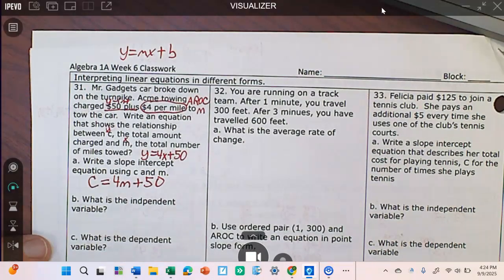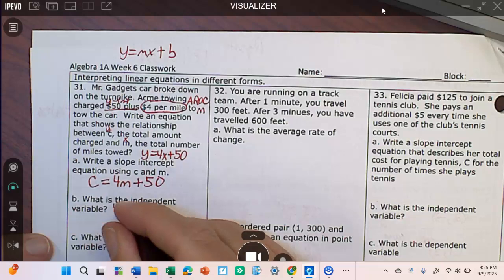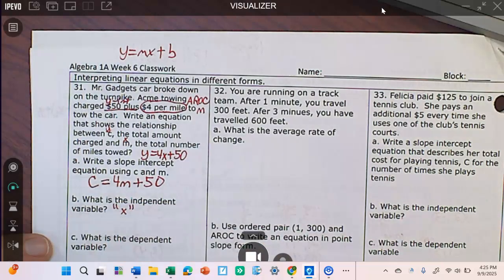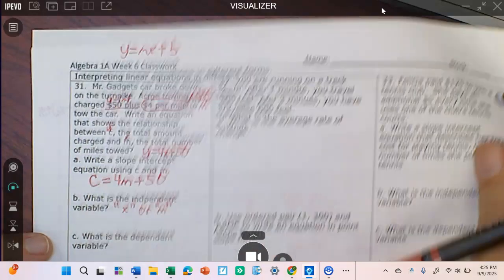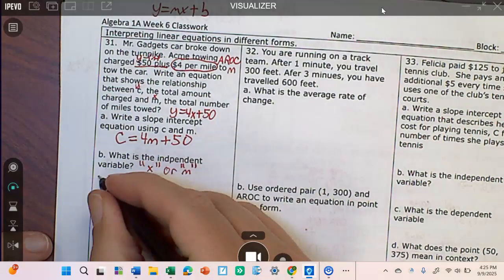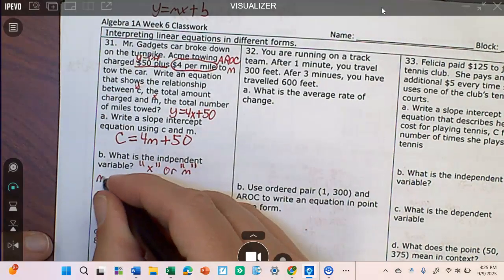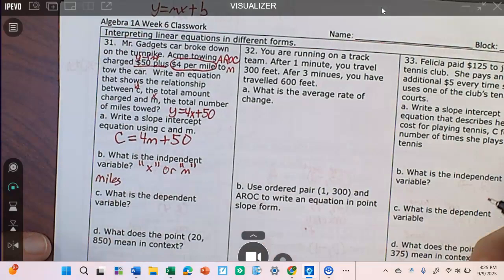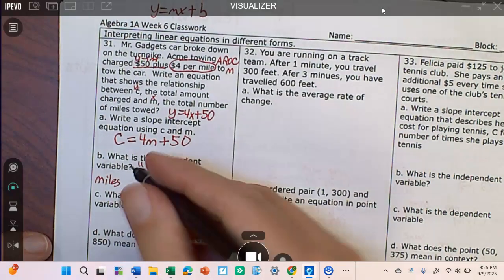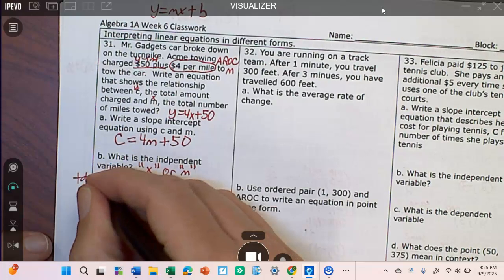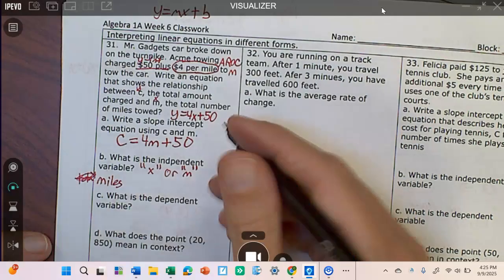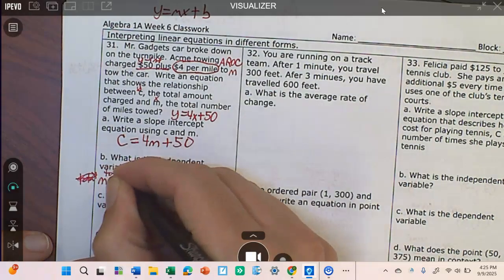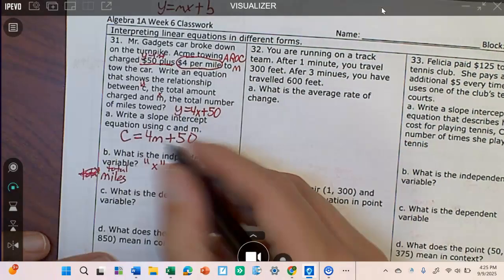Okay, what is the independent variable? We know the independent variable is X, okay? So, in this case, we're talking about M, okay? So, miles, total miles, or wait, okay, this is the total miles towed.